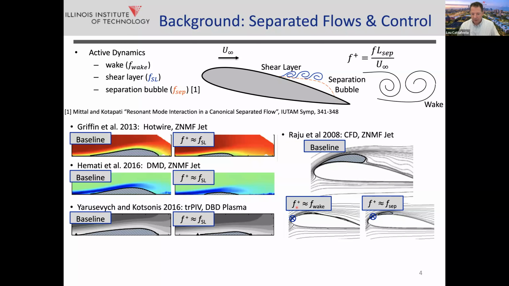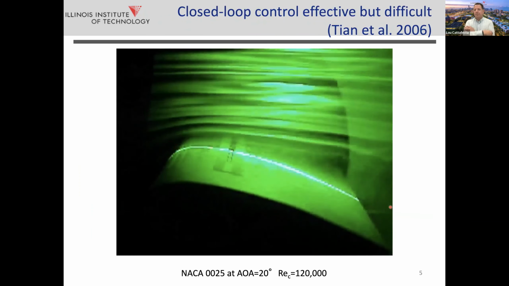So the example that they show here is if you move the actuator location right up to the leading edge, they find that the optimal forcing frequency is not the shear layer, it's actually that of the wake, so the much lower frequency. And if they move this just a little bit aft downstream, then the optimal frequency is that of the separation bubble itself. So it stands to reason that there's no one single frequency that is optimal.